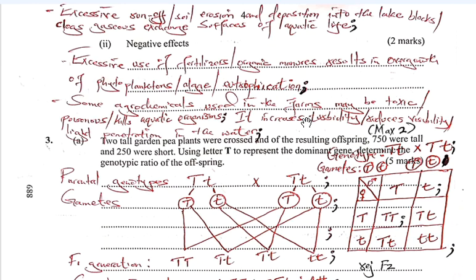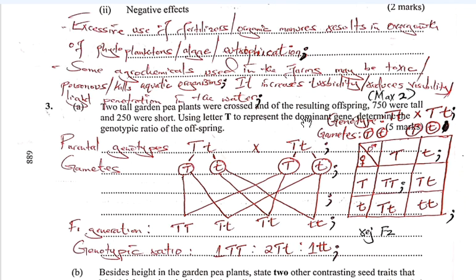Then question 3. Two tall garden pea plants were crossed and the resulting offspring, 750 were tall and 250 were short. Using letter capital T to represent the dominant gene, determine the genotypic ratio of the offspring.